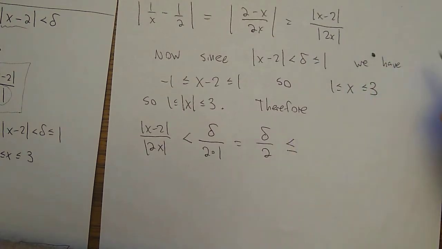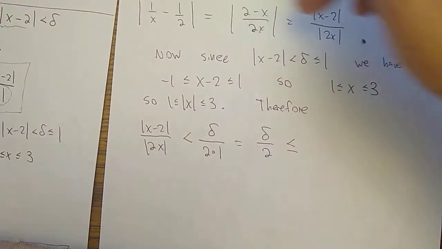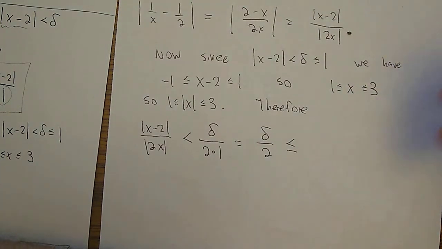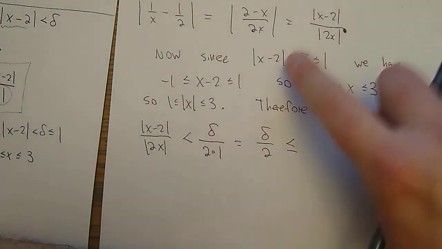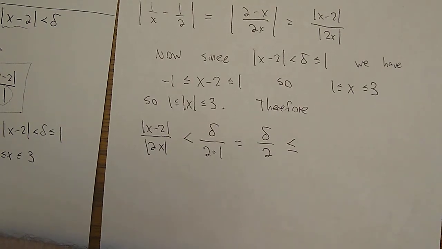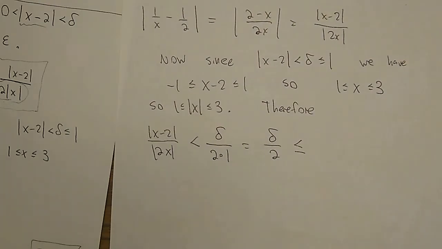What I really wanted this, which is equal to this, to be less than epsilon. But now look, oops, there's a bug crawling around. Okay, I didn't kill it, I just moved it.